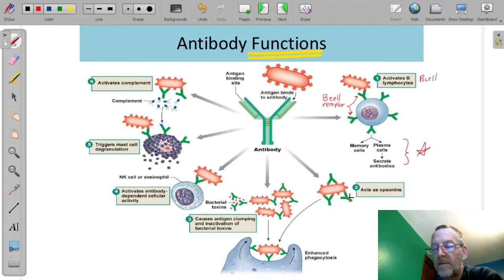Antibodies can also bind to the virus. They can bind to the bacteria and act as opsonins. And the process of opsonization is coating the bacteria or the virus or the antigen with the antibodies. So the process of coating this with antibodies is opsonization.